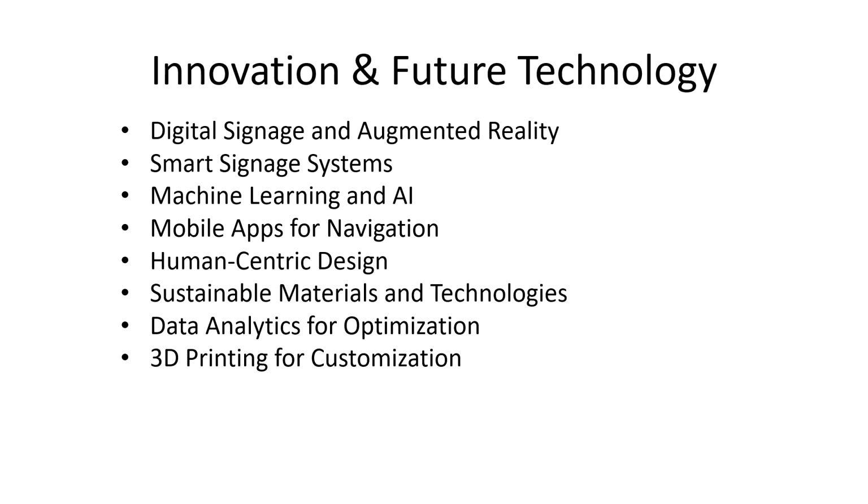There is some innovation and future technology, which includes digital signage and augmented reality, smart signage systems, machine learning and AI, mobile applications and navigation, human-centered design, sustainable materials and technologies, data and analytics for optimization, and 3D printing for customization.